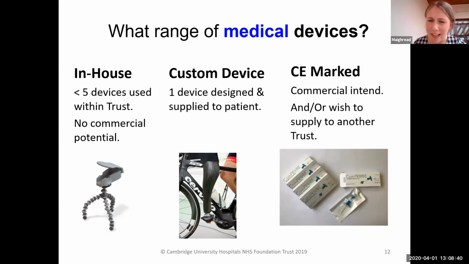An example is the CAN probe device that we were involved with. The device is used for taking biopsies from the prostate, and it's currently going through a clinical evaluation within our own trust and neighbouring trusts, and that will then form part of the technical file for the CE submission.